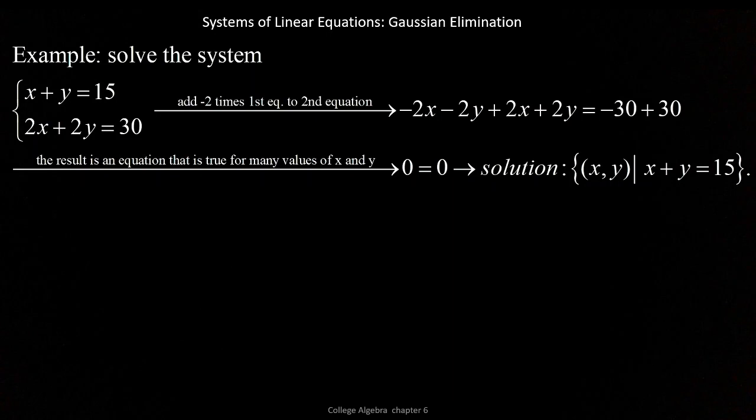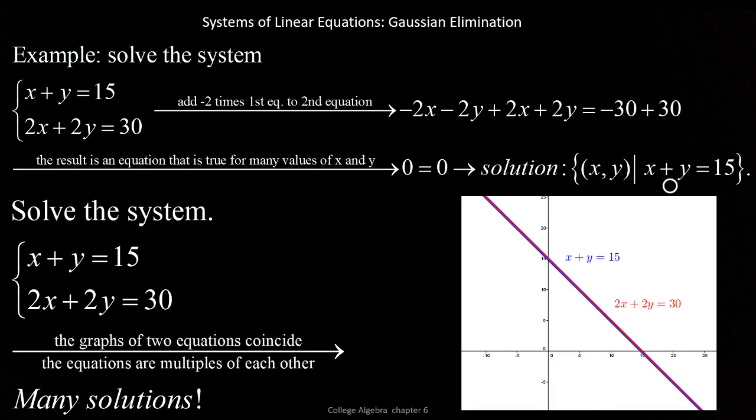Now, graphically, what's going on? Well, if you graph this, you get this line. If you graph this, you get the same line. So these two lines basically coincide. Coincide means taking the same place in space. So these two lines coincide. That means they share all the points.